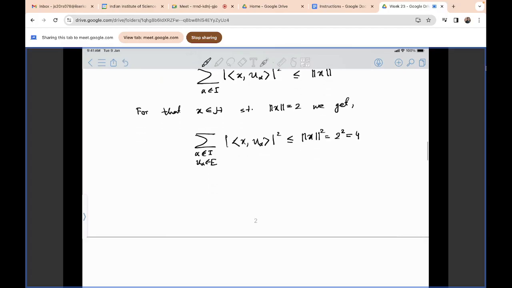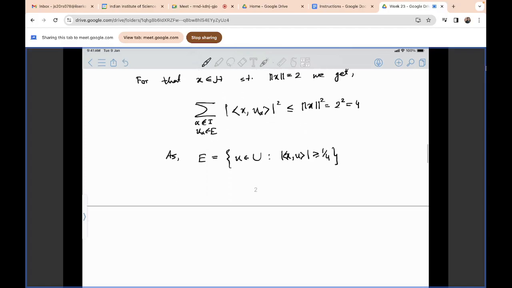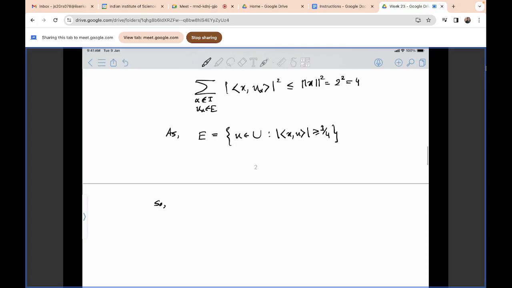And what is E? E is all such u in U such that the modulus of the inner product of x with u is bigger than 1/4. So if u belongs to this capital U, then the modulus of the inner product of x with u is bigger than 1/4. Use this one. So what you will get?